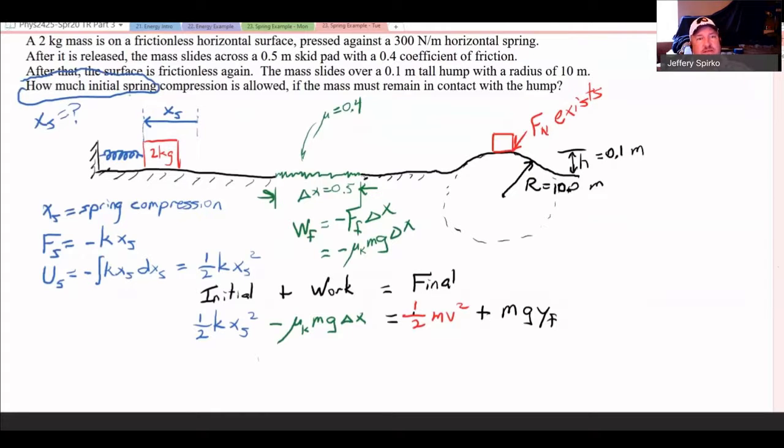So let's start plugging numbers in. The friction is the easy one. That's minus 0.4 times 2 kilograms times 9.8 times our 0.5.